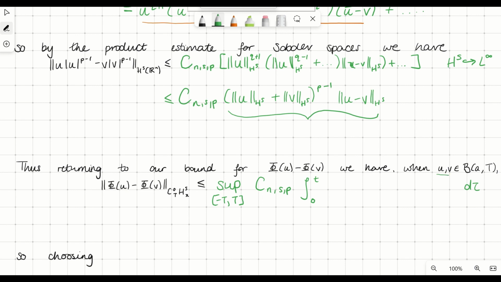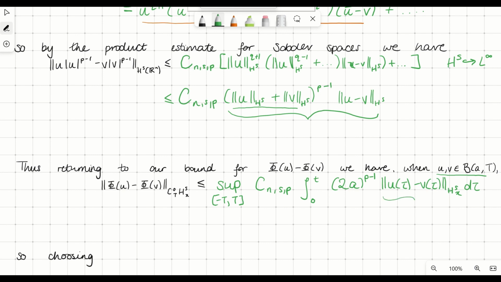We have u and v in the ball, so then the HS norms of u and v are both at most a, so we can directly bound those by a, and then we have the norm of u of tau minus v of tau in HS.